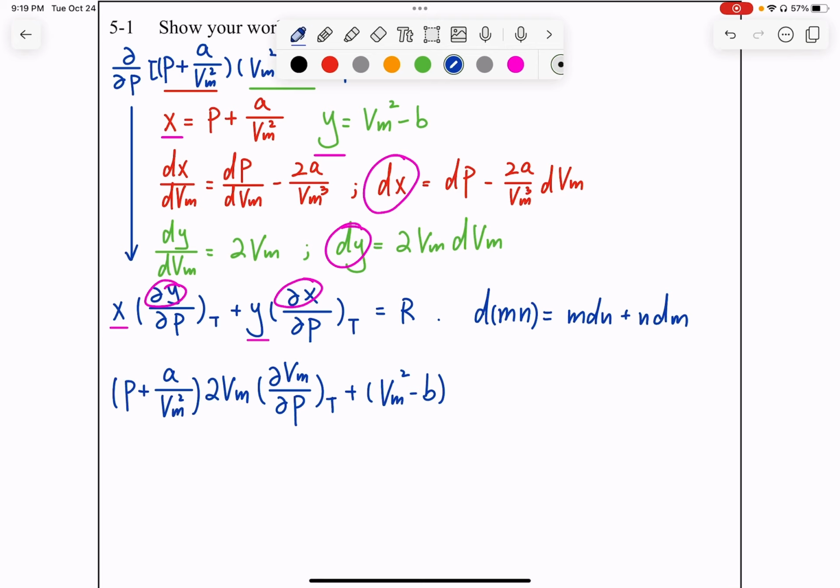Well, the first term, let's just write it out. So our dx equals dP minus 2a over Vm cubed dVm over P at constant T, and this thing goes to R.